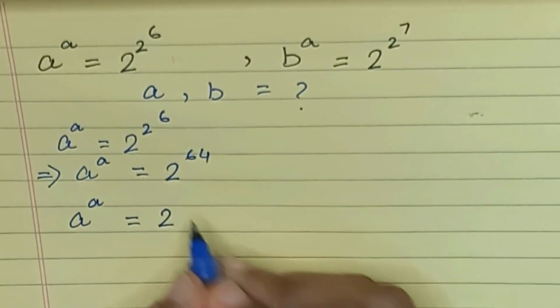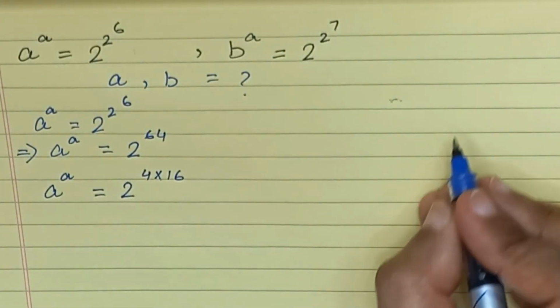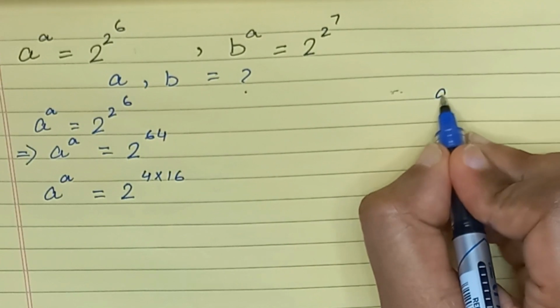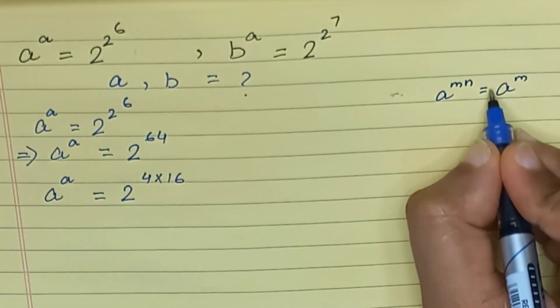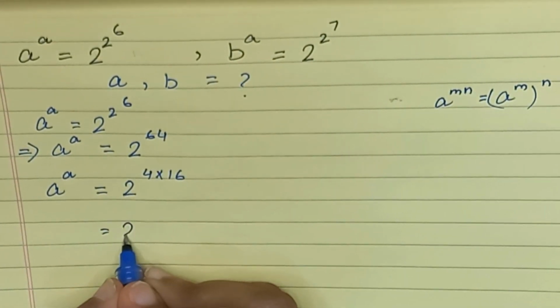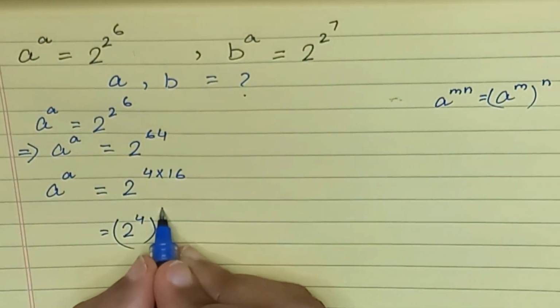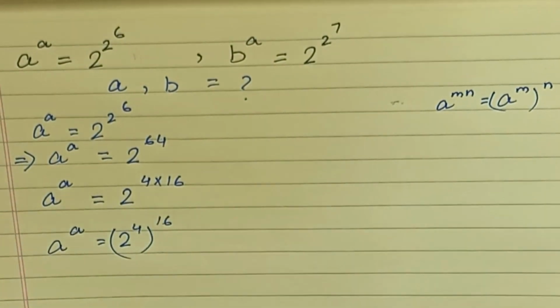We can write 64 as 4 into 16, as we know the exponential rule a raised to the power mn is equal to a raised to the power m whole power n. So it will become 2 raised to the power 4 and its whole power 16, and it is equal to a raised to the power a.